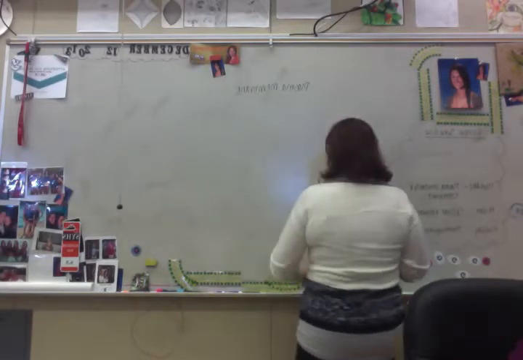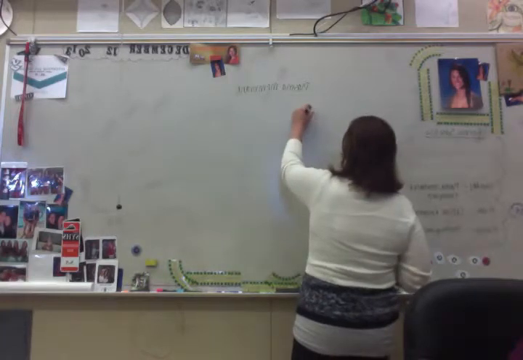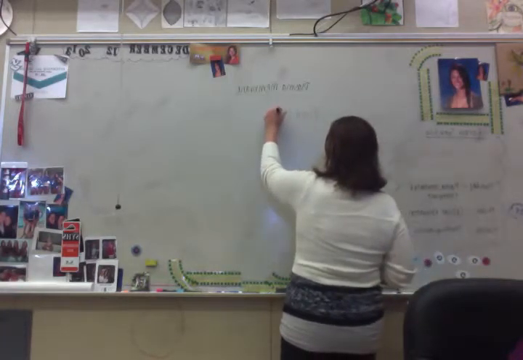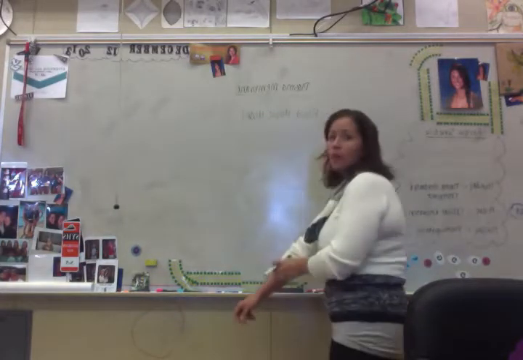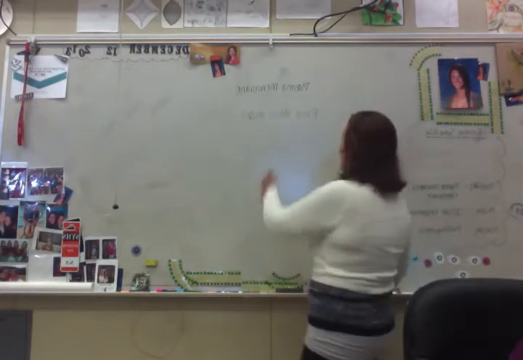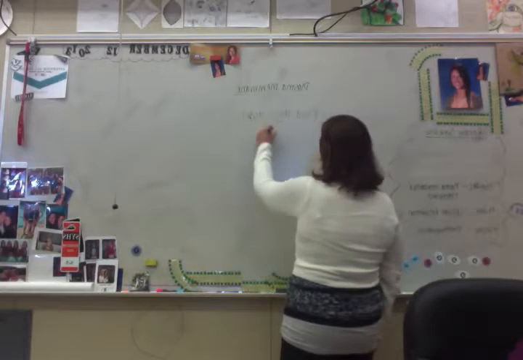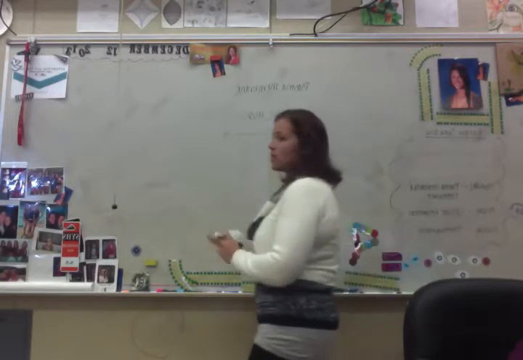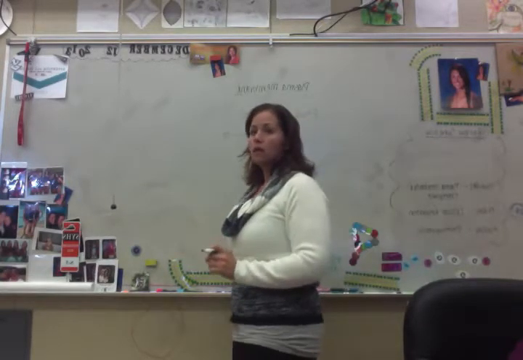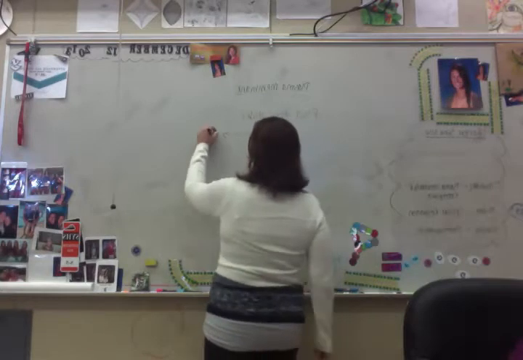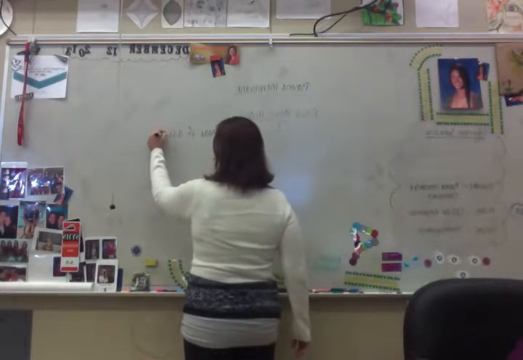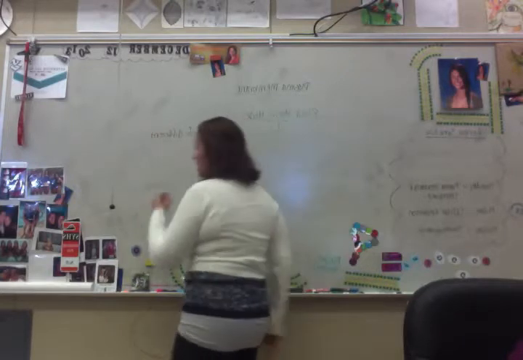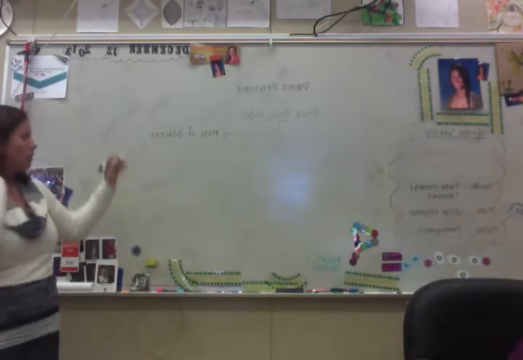All right, we say that it has a fluid mosaic model. So there's the fluid mosaic model of the plasma membrane. We're going to talk about the mosaic part first, just because I think it's easier. Mosaic means it's what? Made of different things. And instead of things, we say substances.